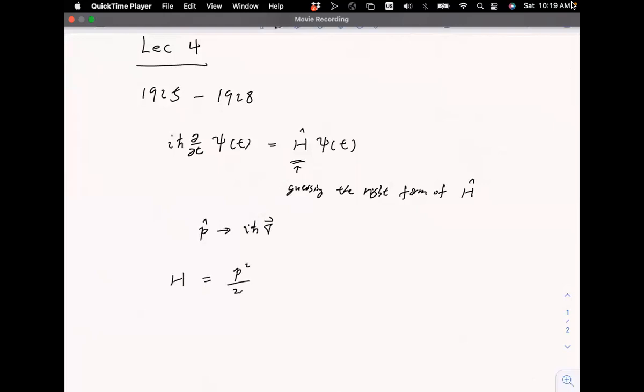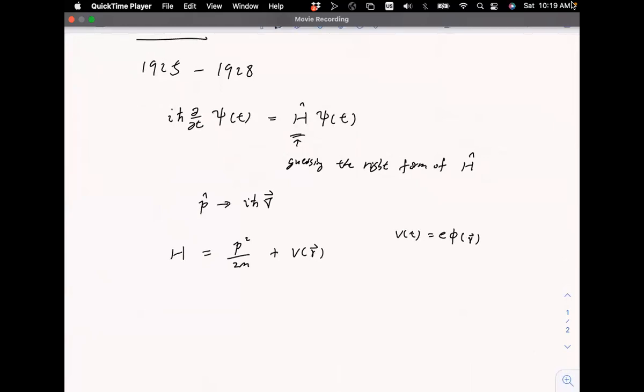It's p squared over 2m, and you can apply, usually we use a V, or sometimes you can use the potential of this, something like that. Okay, not t. So this is the classical Hamiltonian.